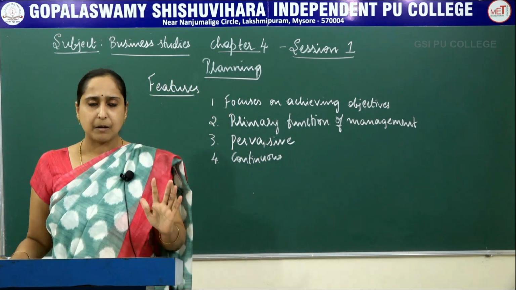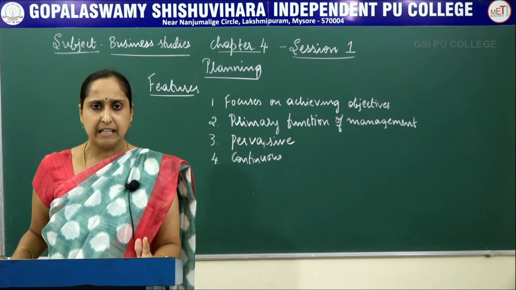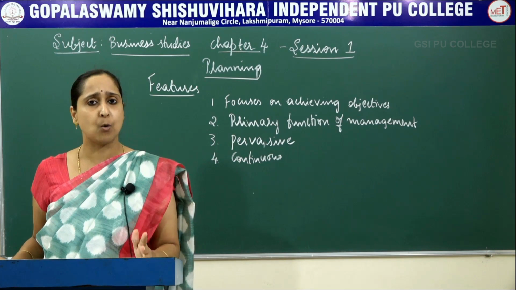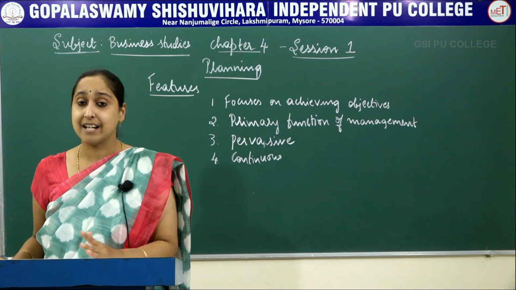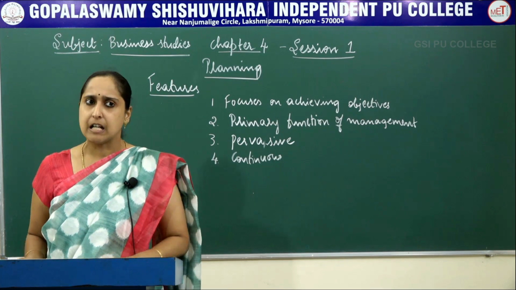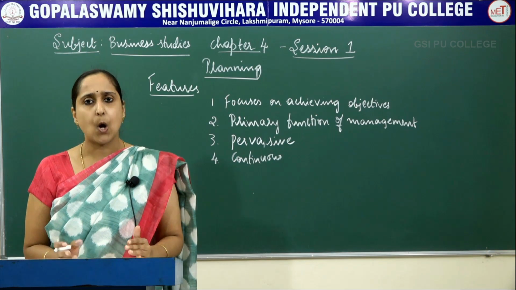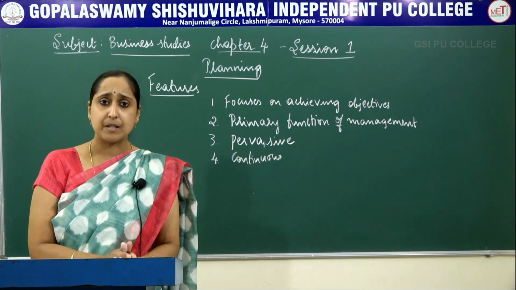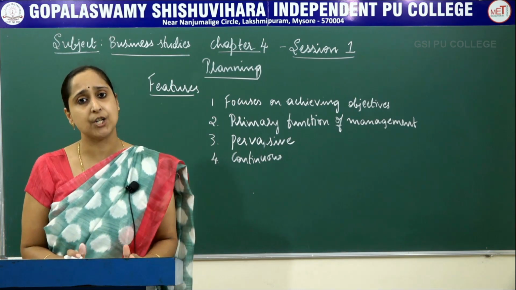See, plans are prepared for a specific time, that is maybe for a month or a quarter or a year. So planning is continuous and it is a never ending function, because the environment keeps on changing, and according to that, sometimes the plan must also be changed according to the conditions.